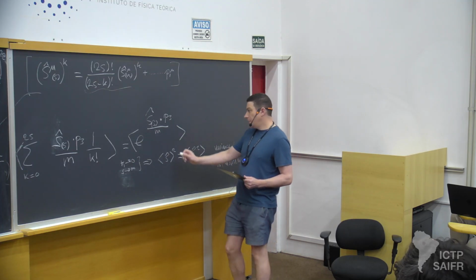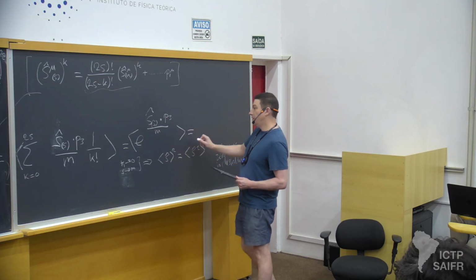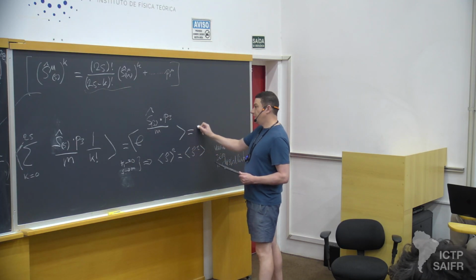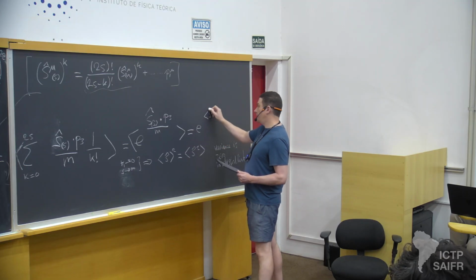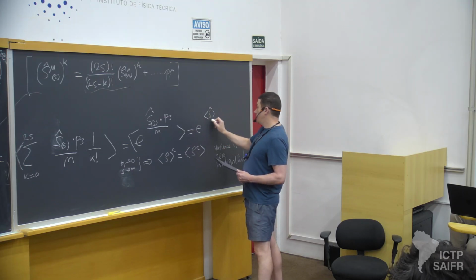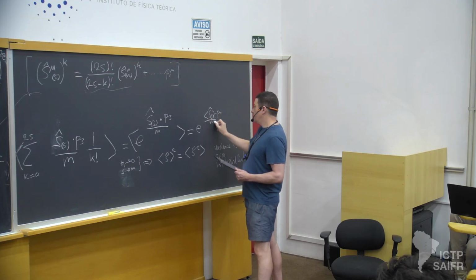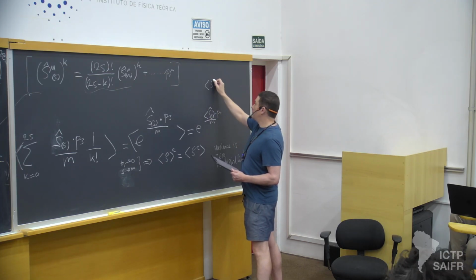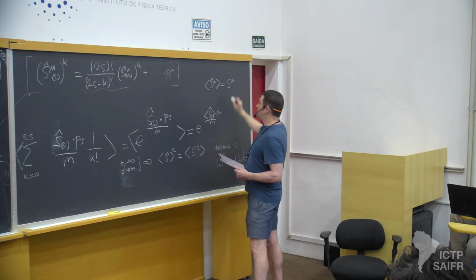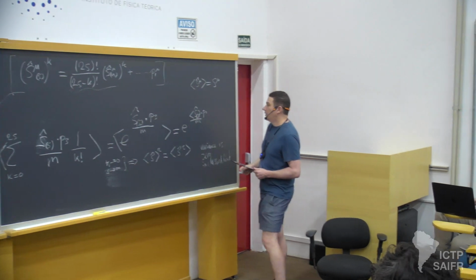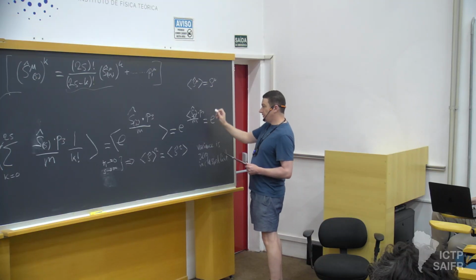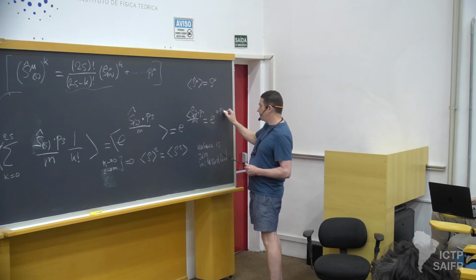Therefore, this thing here just becomes e to the expectation value of S dot P3. And now we can define this thing to be our classical spin vector. We can also write it in terms of this a dot P3.